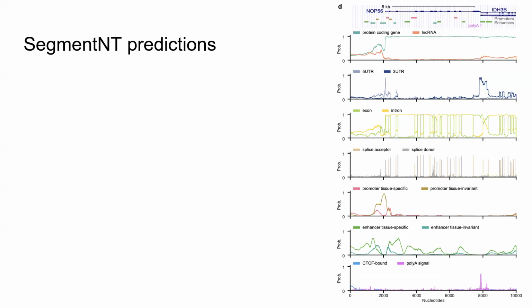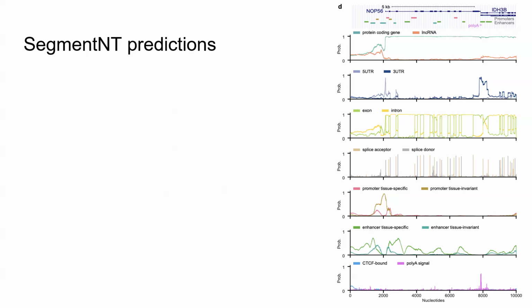Okay. So just some of the predictions coming out of SegmentNT. They're also quite impressive. Here you can see the predictions of splice donor and splice acceptor in different colors. And this model actually predicts introns and exons as well, which is harder, because once you have predictions for splice donors and acceptors, you then need to combine all those predictions together in order to actually predict introns and exons, right?